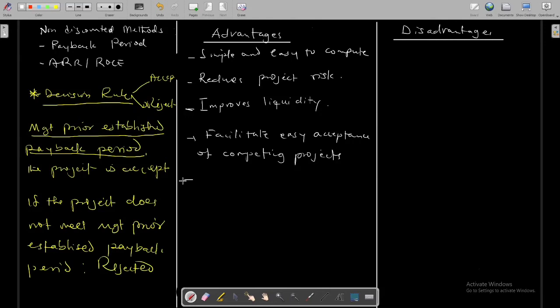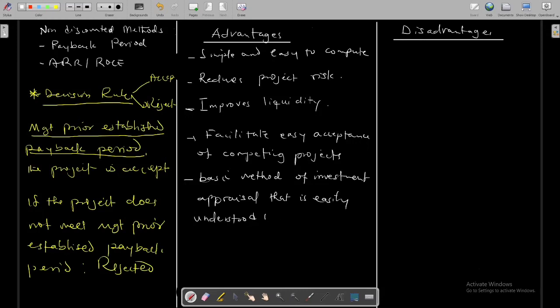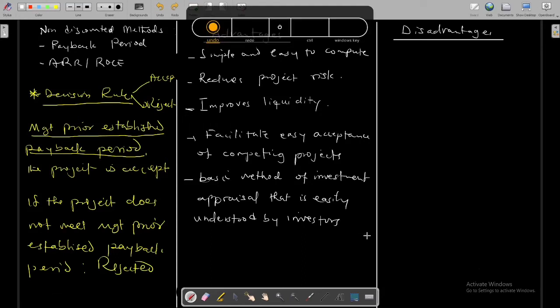Okay, another advantage of the payback period is that it provides the basic method of investment appraisal that is easily understood by investors.